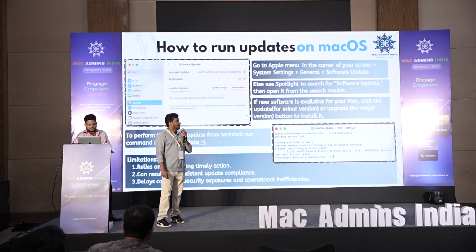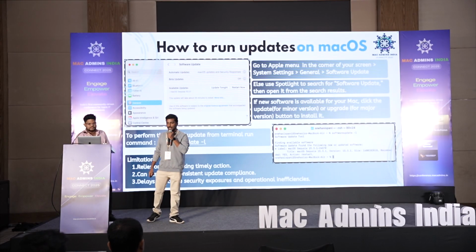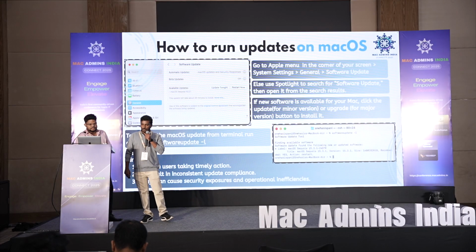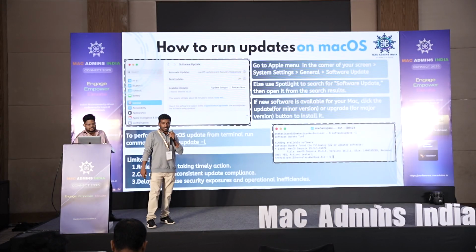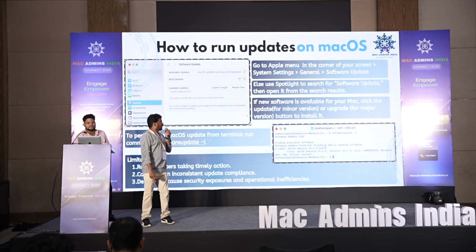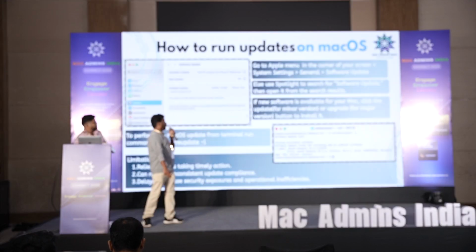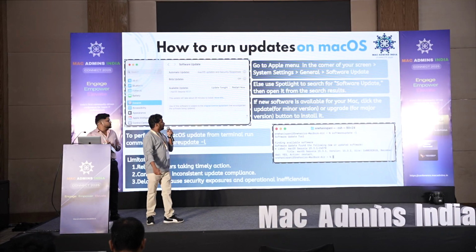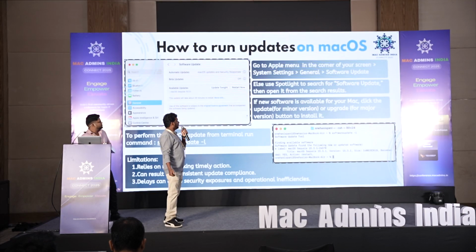Here we can check how we can manually update on macOS. First, on your Mac, go to the Apple menu in the top left corner, click on System Settings, click on General, and go to Software Update. Otherwise, you can use Spotlight to search for Software Update and open the result from there.